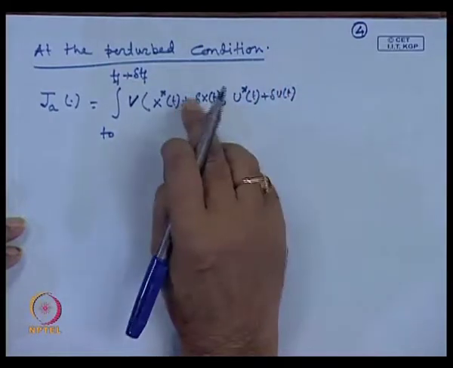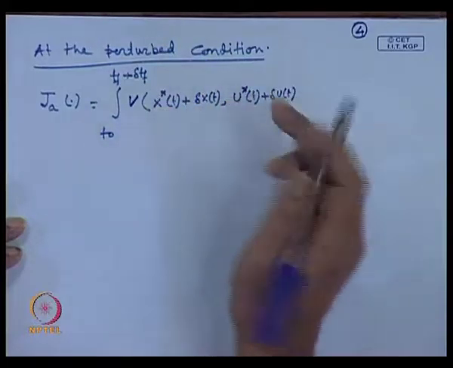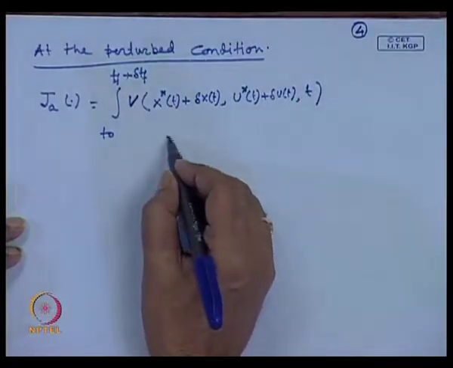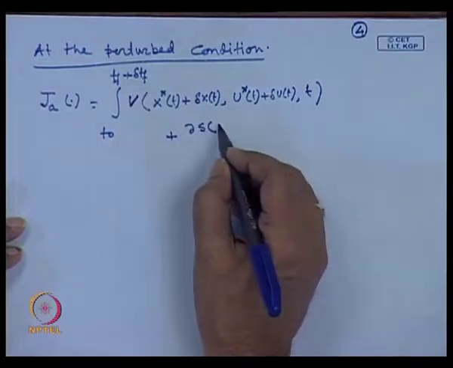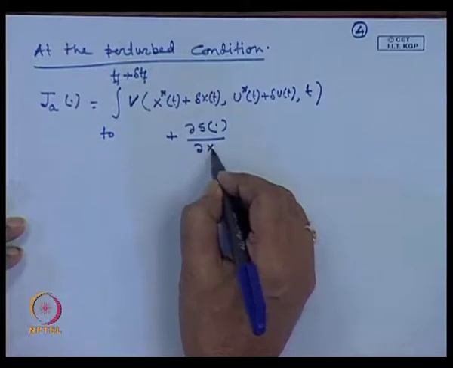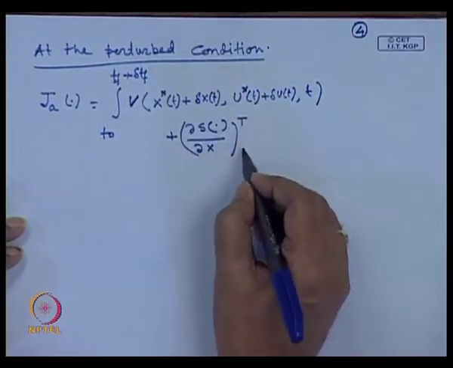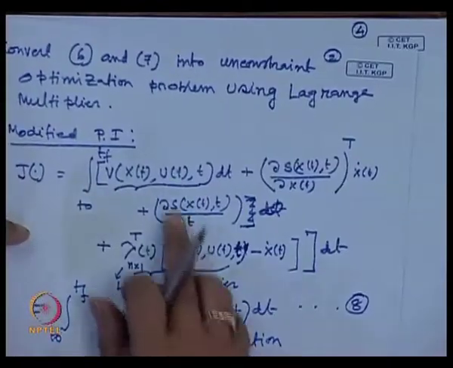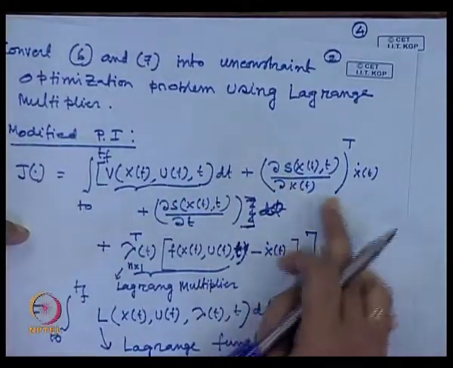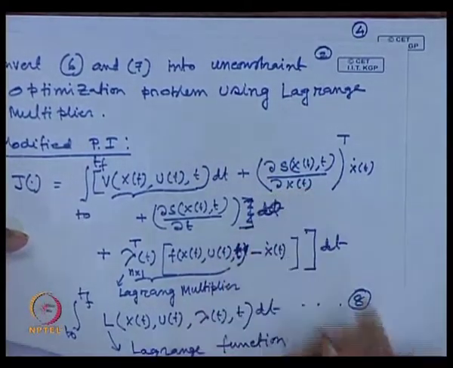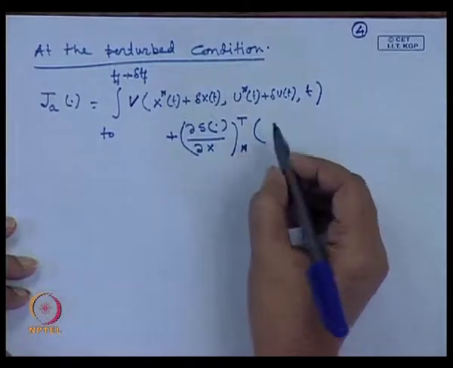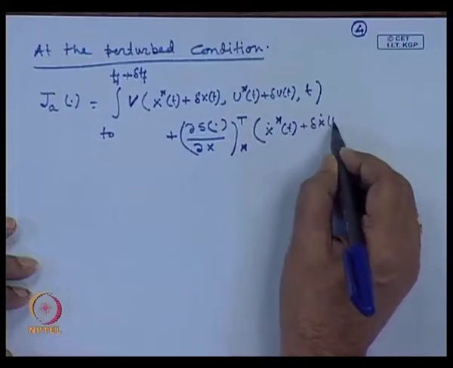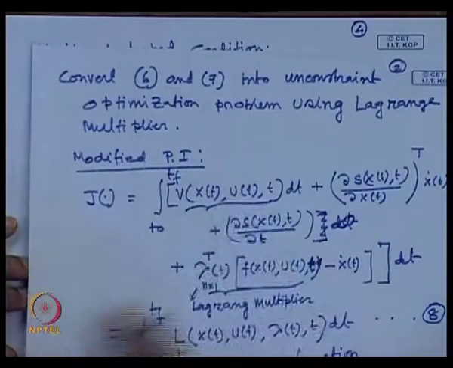So, x also will change from the optimal trajectory x star to x star plus delta x(t), and this t plus delta s of this delta x whole transpose, and x dot, because if you find out this value and differentiate it with respect to this along the trajectory, it is x dot star plus delta x dot of t. This is the part of the trajectory that we have written.